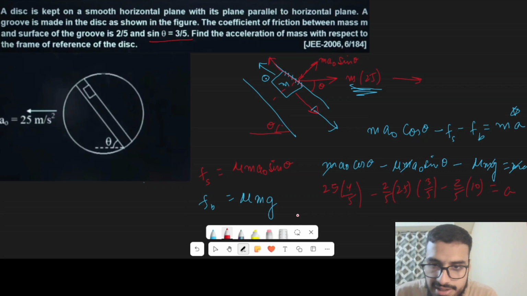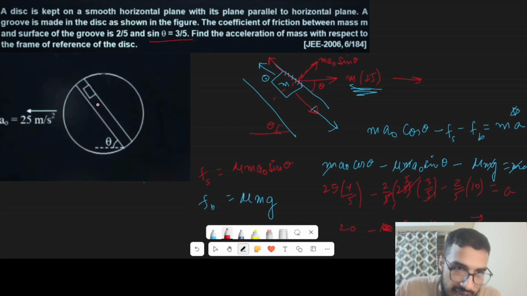So 25 times 4 by 5 is 20, minus 2 by 5 times 25 times 3 by 5 is 6, minus 2 by 5 times 10 is 4. The acceleration comes out to be 10 meter per second square in this direction.